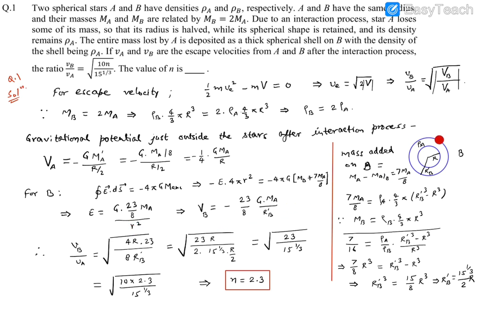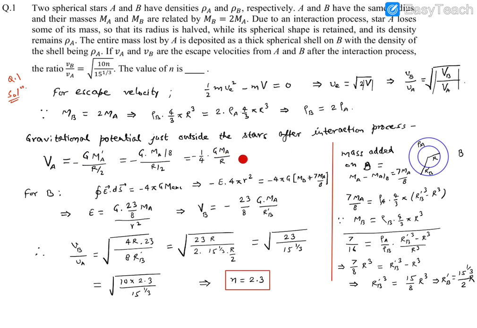Now since we are looking just outside, this small r can be replaced by r'B, so minus 23 by 8 G mA, since it was in terms of mA, over r'B. Now this is the potential just outside of star B.